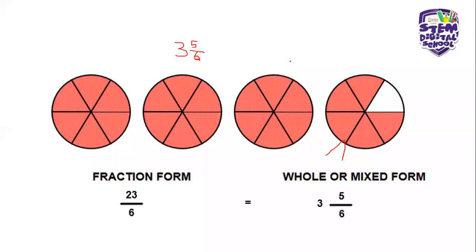If everything was whole, we would say we have 4 wholes, but we don't have 4 wholes. We have 3 wholes, 5/6. You understand? Yes, sir. Why is it 5/6? One piece is missing. If that was pies, one piece is missing.